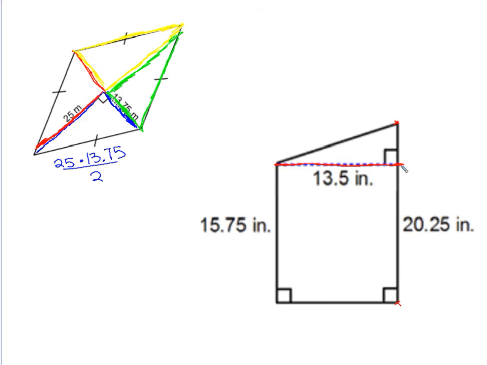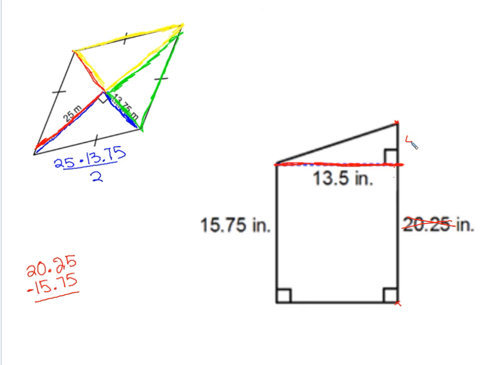Now we're cutting this up, so this is no longer 20.25. I'm going to take 20.25 and I'm going to subtract the 15.75, which is right here. And whatever's left over is going to be this answer.